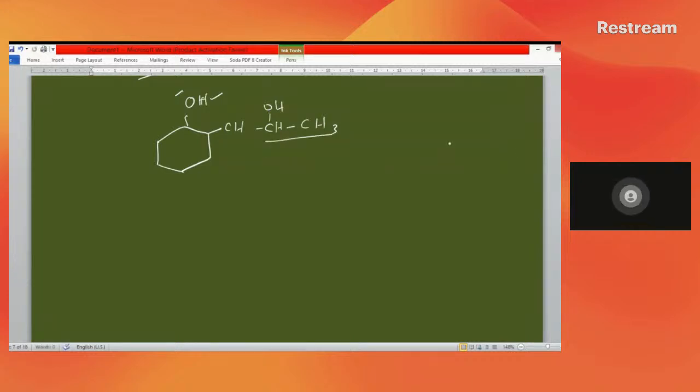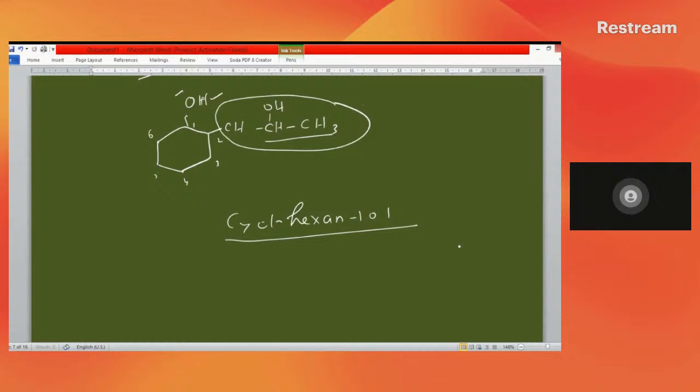So how do you assign the name? Count from this side. 1, 2, 3, 4, 5, 6. 6 carbons are there in the ring. So it can be called hexane. Hexan-1-ol. What kind of hexane is it? It is a cyclohexane. So cyclohexan-1-ol. First step is over. Then the other part should be treated as an attachment.